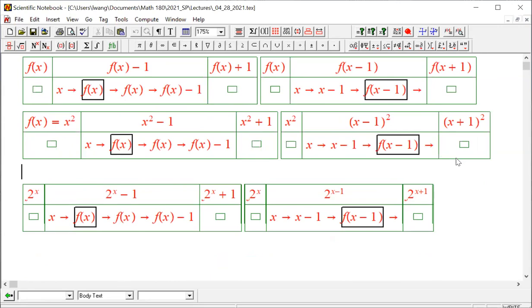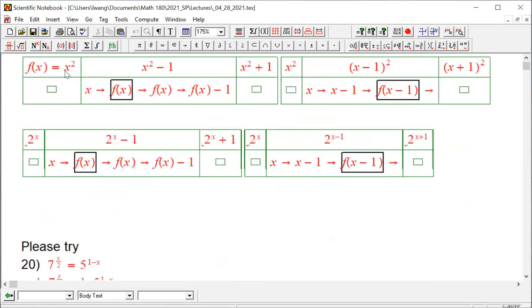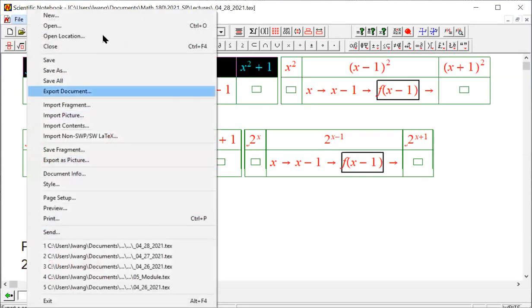When we were doing quadratics, do you still remember these 3 pictures? These 3. Can you guys just sketch those on your paper?